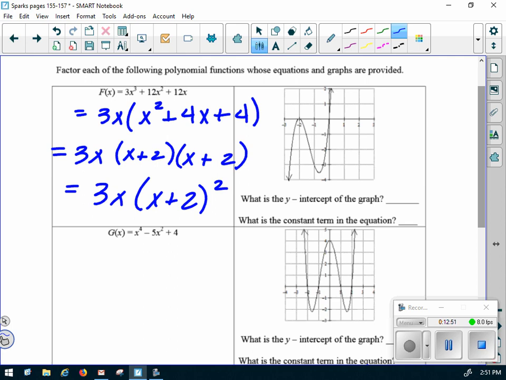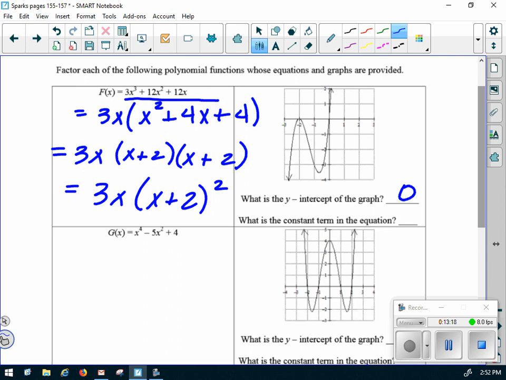Now let's look over at that dang graph. What's the y-intercept of the graph? It certainly appears to be the origin. What is the constant term in the equation? We're looking here at the equation right here. There is not a constant term, is there?